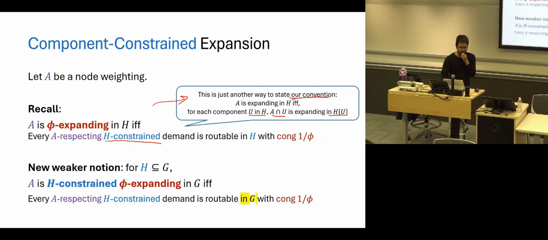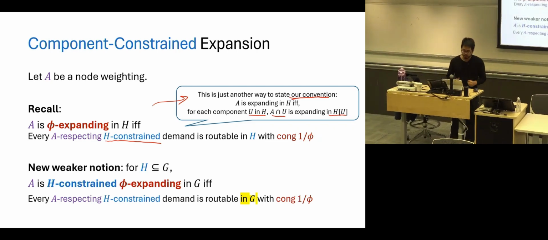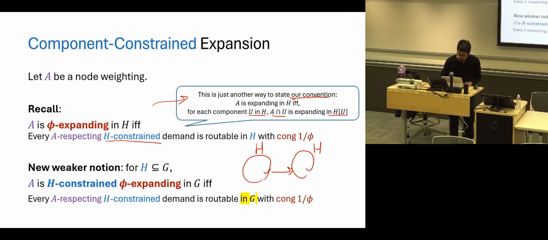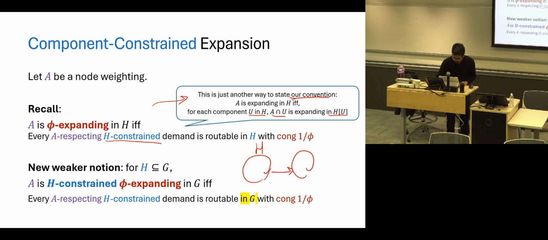For example, suppose that the components of H look like this, but maybe the graph G has more edges here. Let's say the graph G has one more edge.